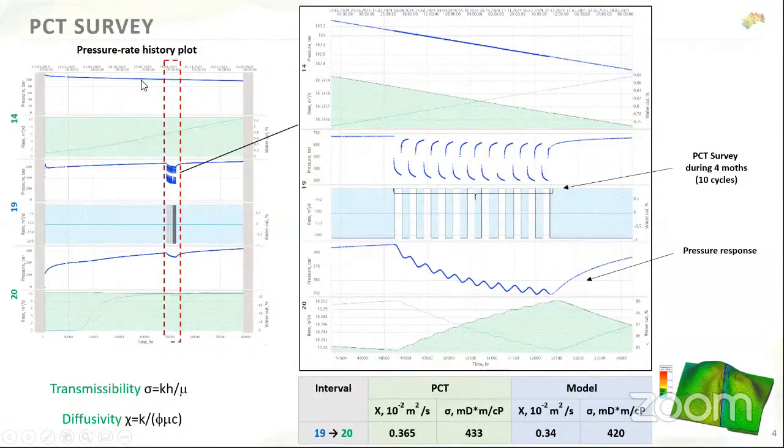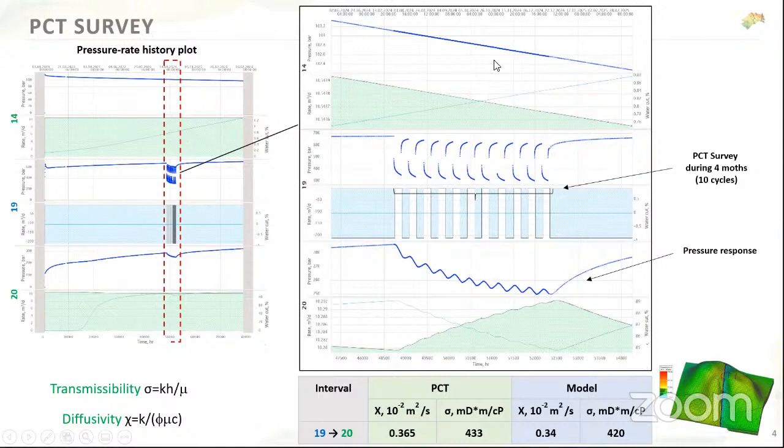Firstly, we designed and modeled pressure pulse code testing. This is the production and injection history of our 3 wells versus time. In the middle of the test, we shut in and opened our injector 10 times to create pressure pulses, which propagate through the reservoir, and we measured the pressure in the offset wells.